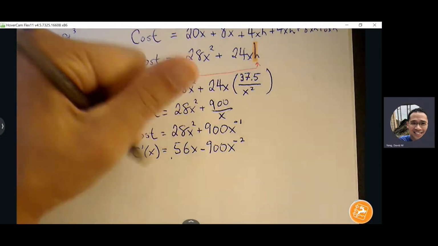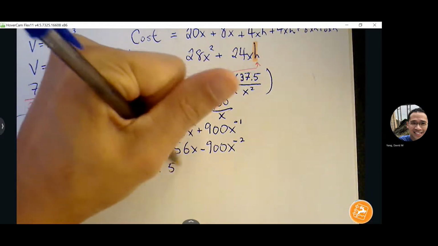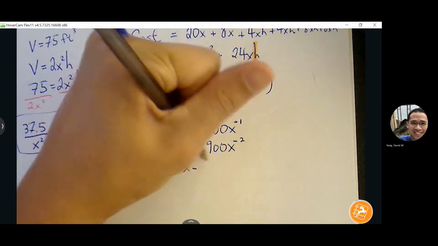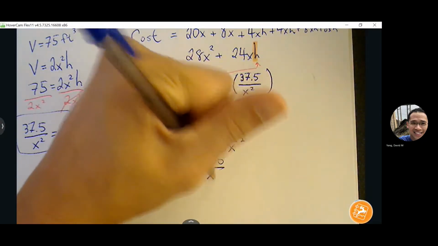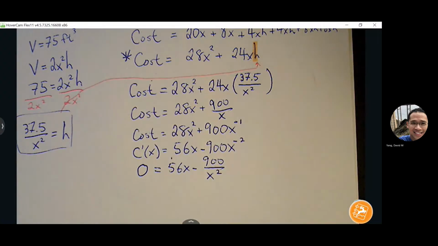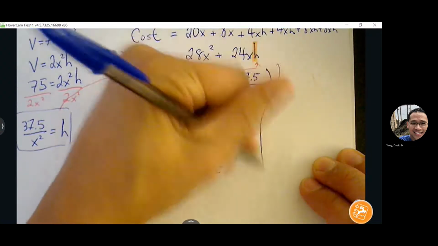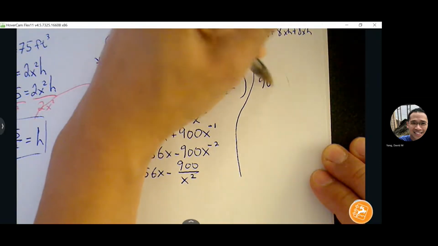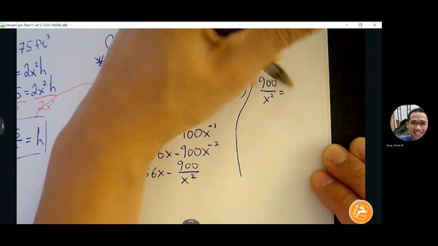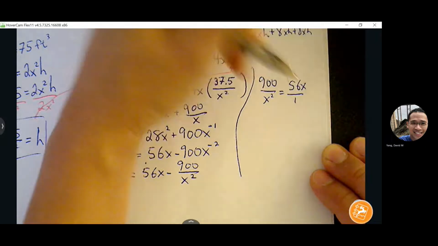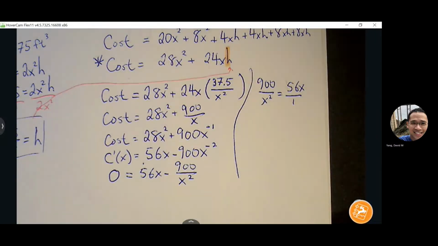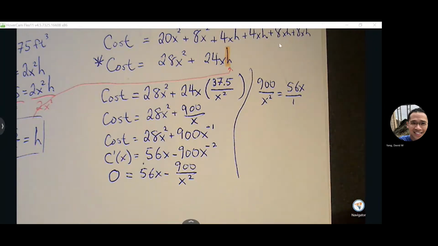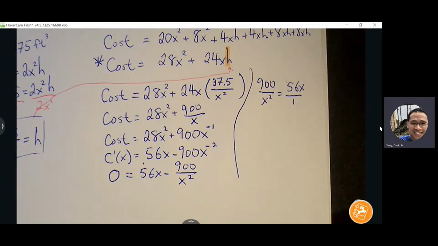Okay, set the derivative equal to 0. Okay, cross multiply, solve for x.